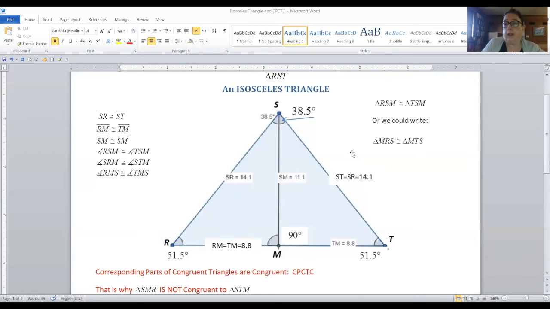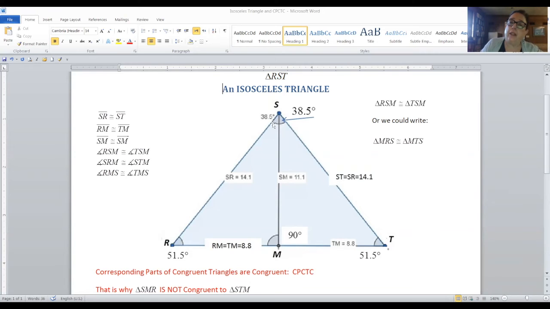So we could also write triangle MRS, see we're naming it differently, is congruent to triangle MTS because everything is in corresponding order. The two angles at angle M, they're both 90 degrees, they're congruent. Angle R and angle T, the base angles at 51.5 degrees, are congruent, and they're both in the middle position now.